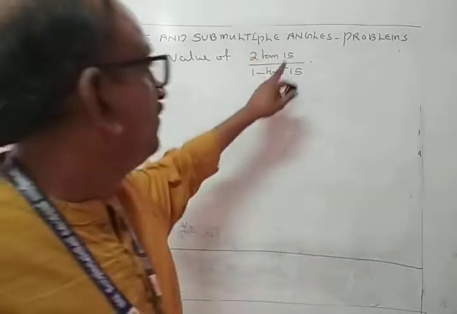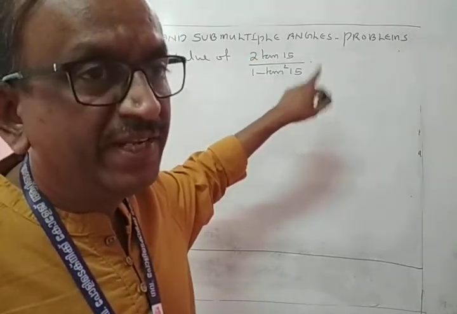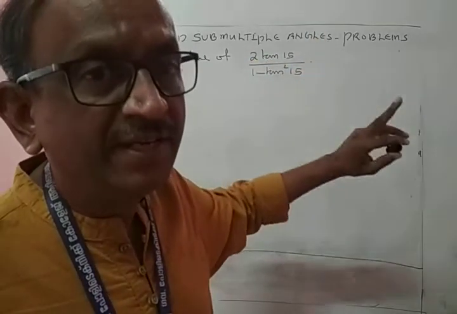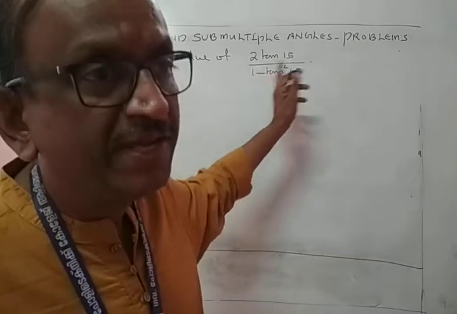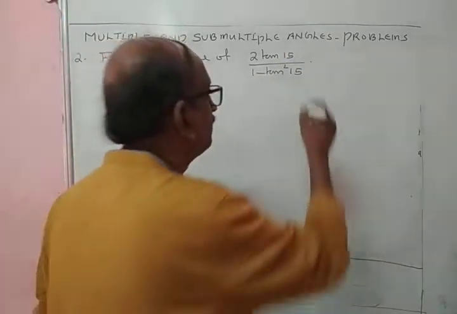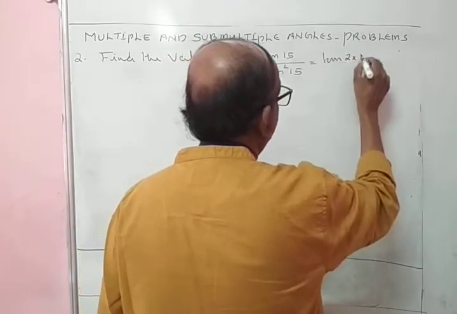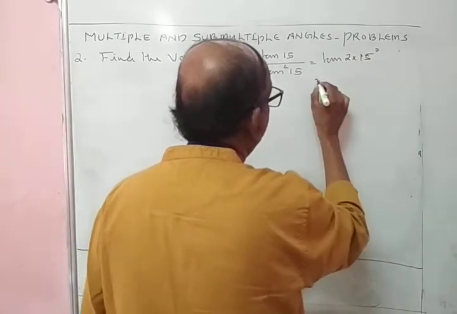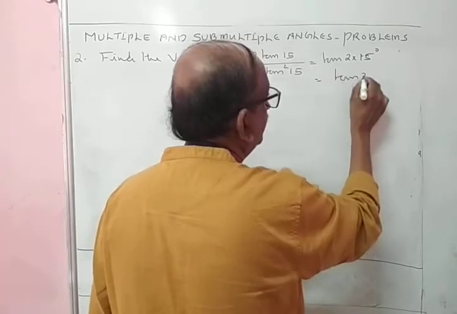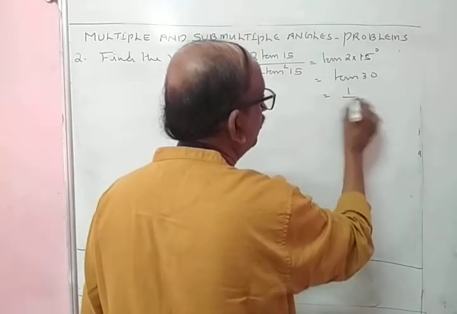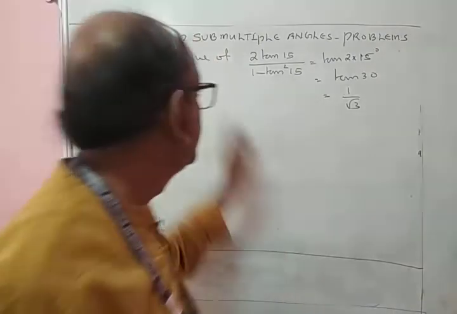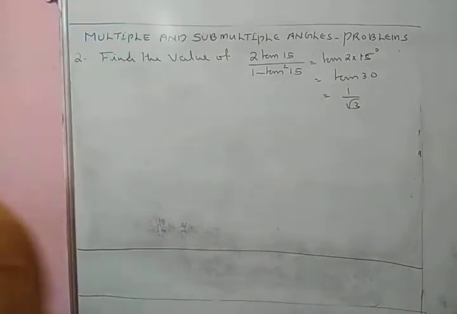Therefore, 2 tan 15 by 1 minus tan squared 15 is tan 2 into 15. Theta is 15. Tan 30 is 1 by root 3. Therefore, the answer is 1 by root 3.